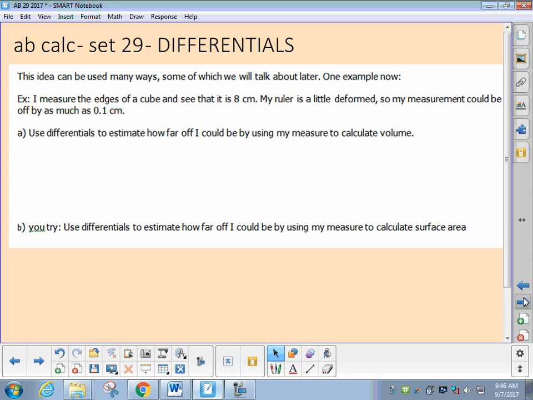Remember, cubes, all the edges are the same. Unfortunately, as happens with paper rulers especially, my ruler is a little deformed, the corners are a little bent, so I could be off. In fact, my measurement of the edge could be off as much as a millimeter, or 0.1 centimeters.